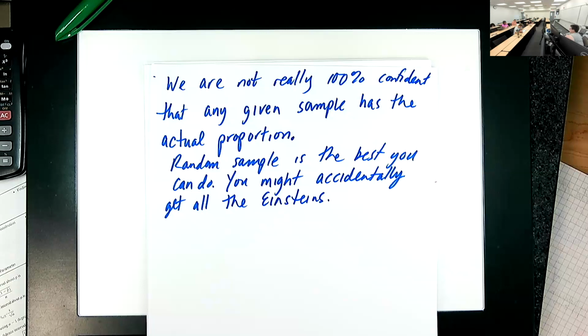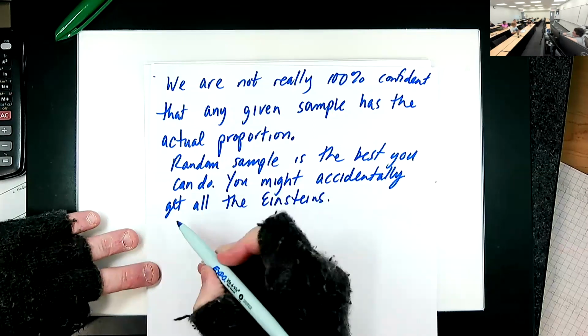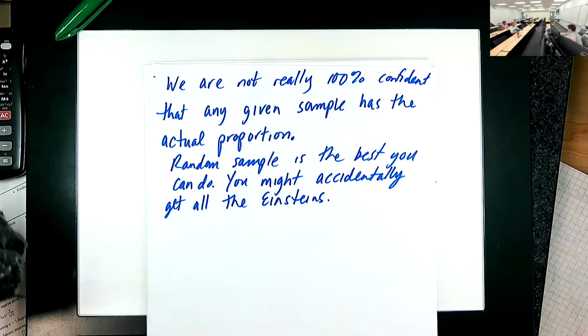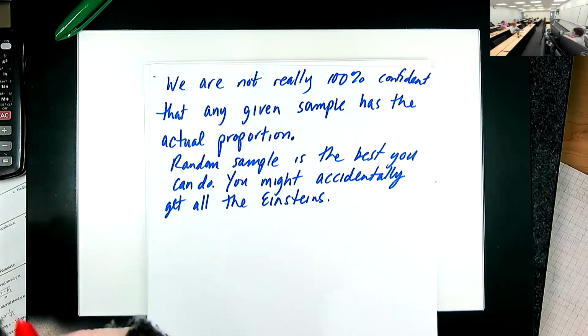So as long as you're doing everything as randomly as you can, you still may have a bad group in terms of average. What I mean by bad group is a group that doesn't represent the population.